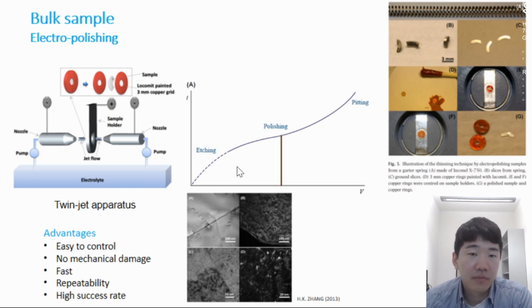But the problem is that it can change the surface chemistry of the specimen. To reduce the chemical artifact, you need to apply a voltage in an appropriate range so that etching or pitting does not occur.